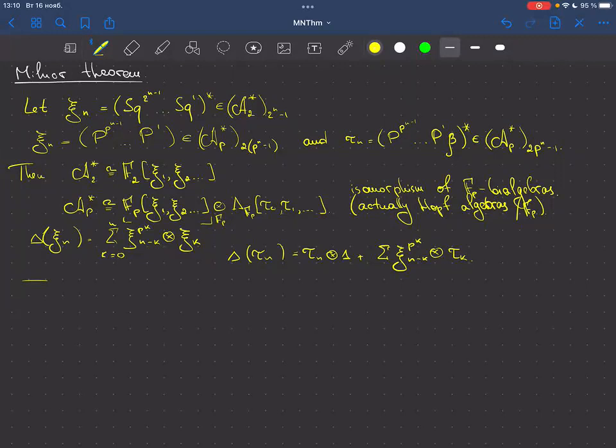So the structure is the following. Theorem.